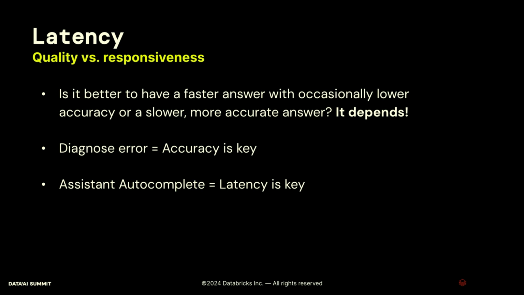Latency is extremely important, so we've tailored the latency and accuracy depending on the scenario. For something like diagnose error, accuracy is key. We have to have high quality answers. But for our newly announced assistant autocomplete, latency is key. Results have to return in about a second, otherwise the feature isn't really useful.